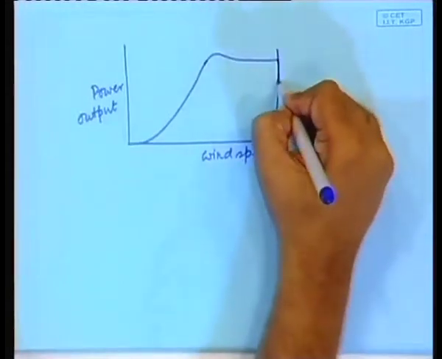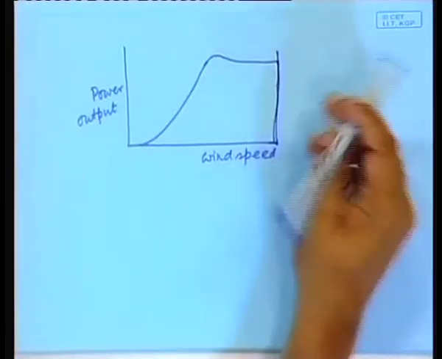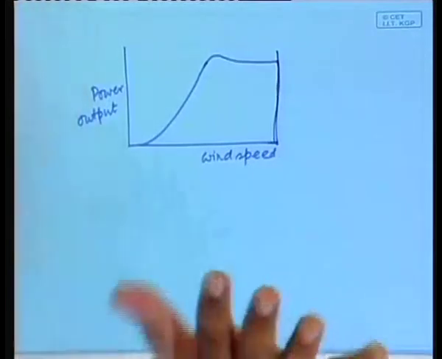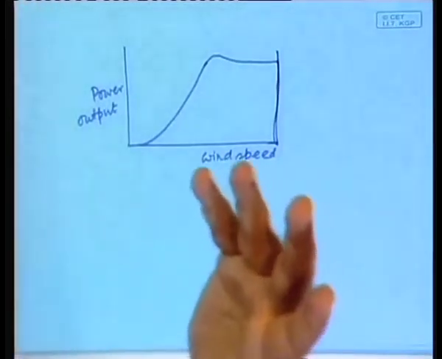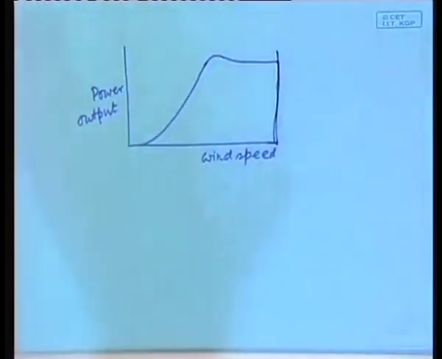Stopping, that means at very high winds, how to stop it? Again there are two ways. One, you change the pitch angle in completely wrong direction, so that it produces absolutely zero torque. That is also possible. That means the wind is coming, you simply change it in such a way that it produces zero torque.